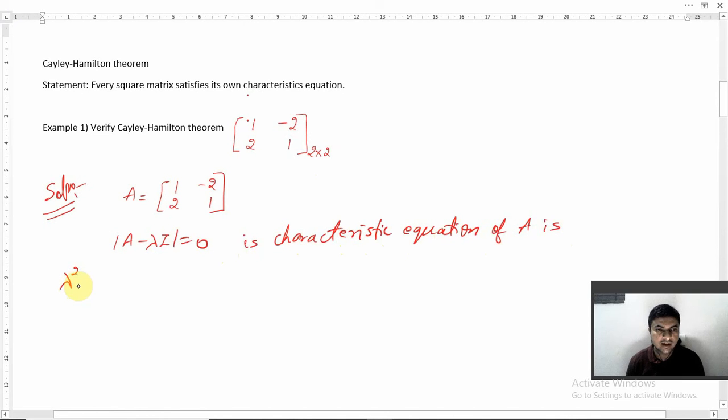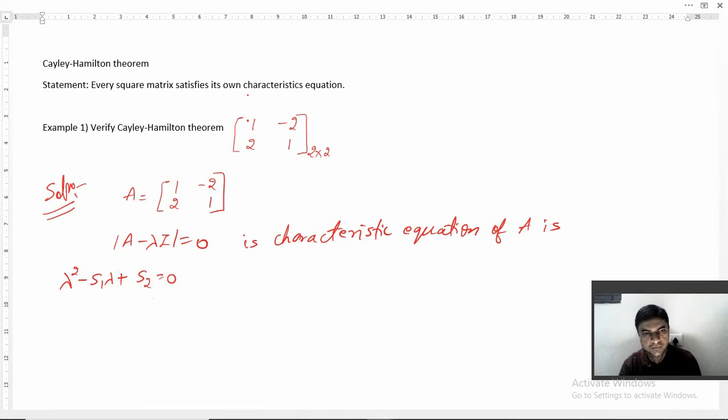I'm going to take directly lambda square minus s1 lambda plus s2 is equal to 0. So where s1, just now I have given what is s1, s2, so just I will write it down.